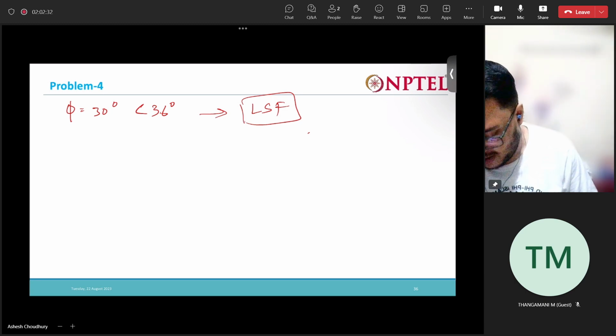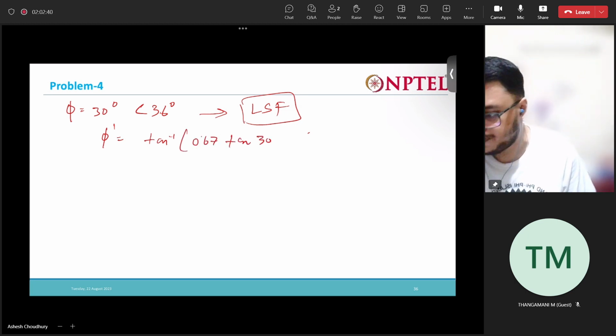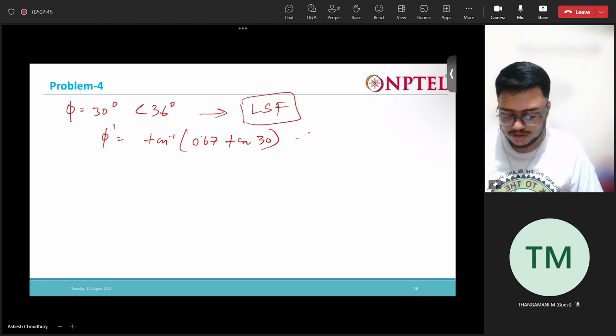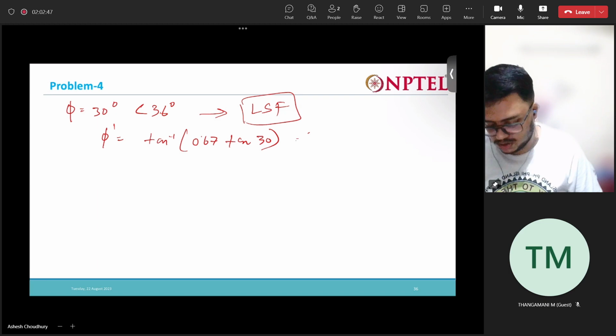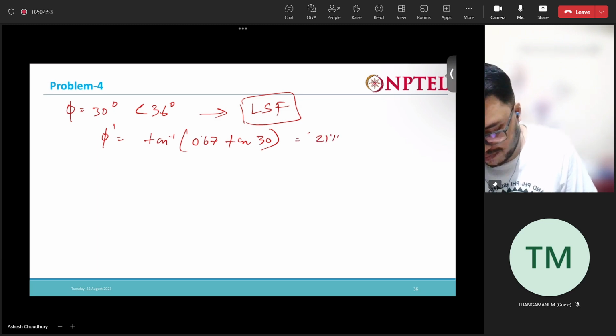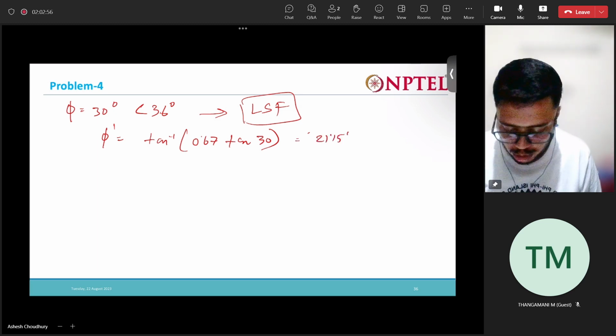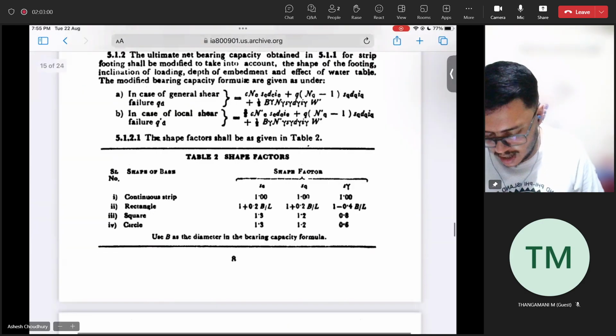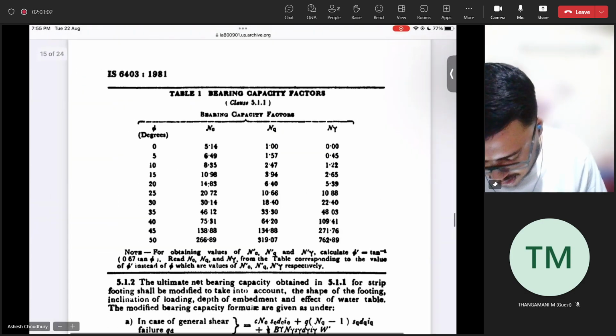We determine phi dash equal to tan inverse of 0.67 tan 30, which is 21.15 degrees.